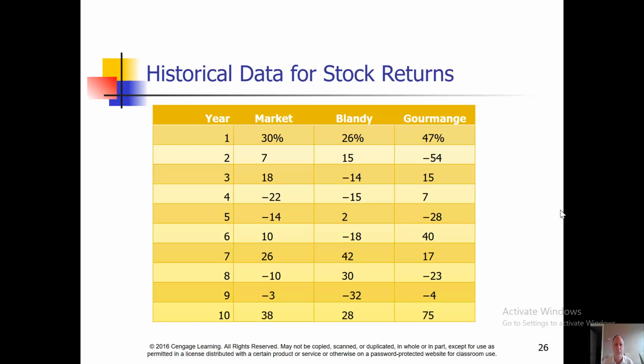Now let's consider some historical data for both market rates of return and stocks. Say we're looking at the past 10 years, and we have the market rate of return measured by either the S&P 500 or the Wilshire 5000 in our first column, the stock Blandy in our second column, and Gramage in our third column.